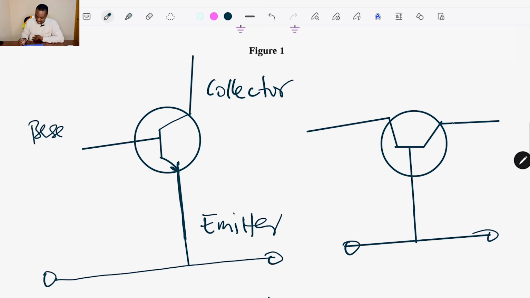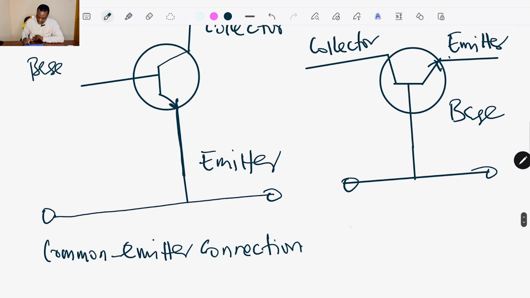So if we have here as my emitter is the emitter, I have the collector here. Then this is our base. So we refer to this as common base connection.